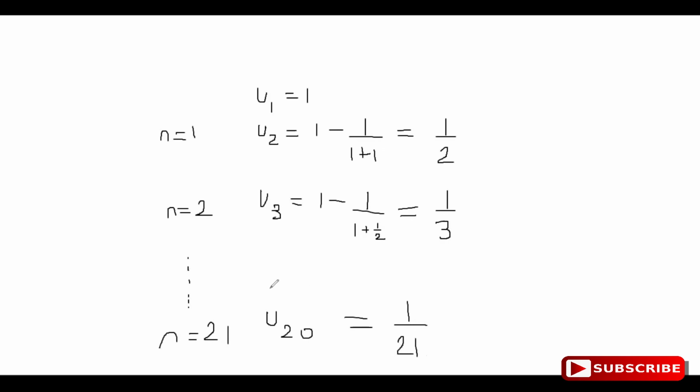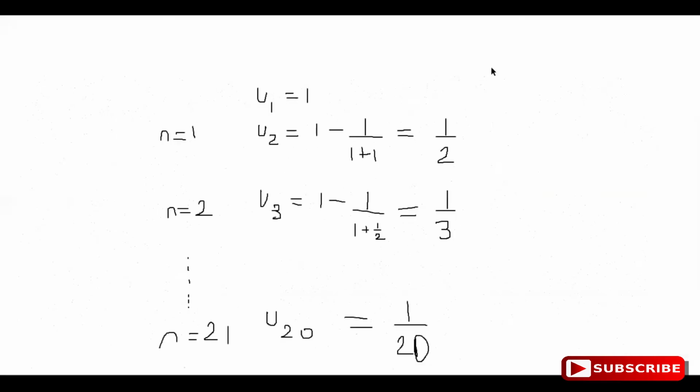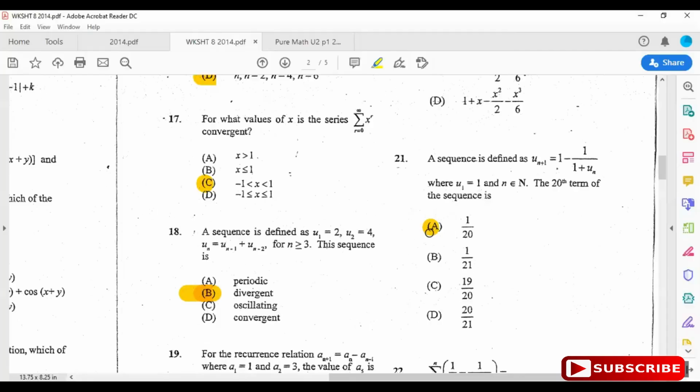Wait, 20, sorry. I'm sorry about that. U3 is 1 over 3, u2 is 1 over 2, u20 is 1 over 20. I don't know why 21 was in my head, probably because we're doing question 21. So for question 21, it's not 1 over 21, it's 1 over 20.